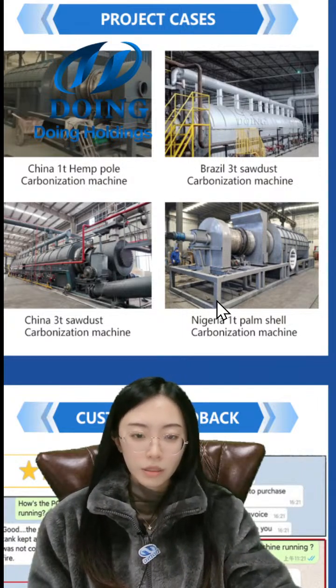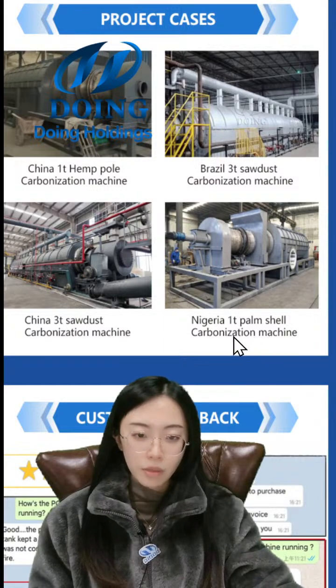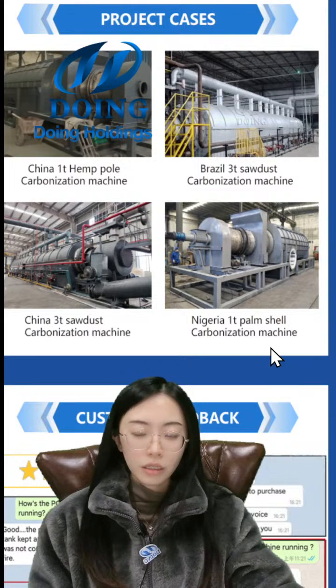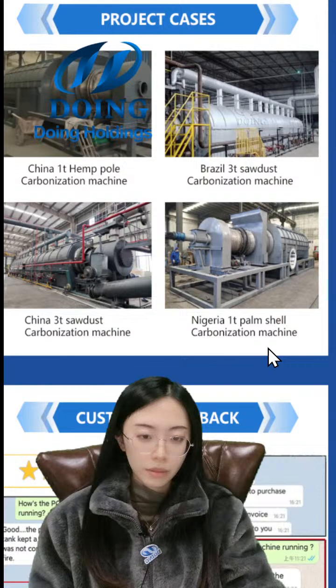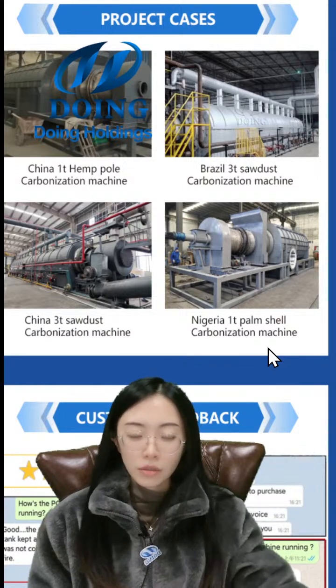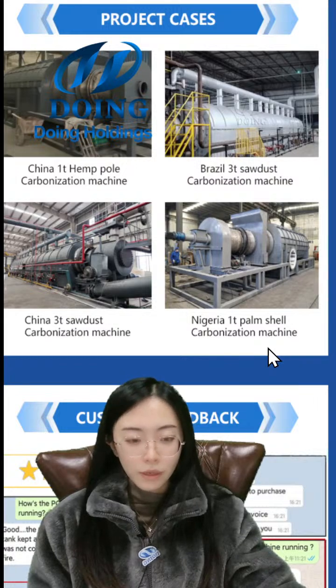We have many customers from Africa, so we set up a subsidiary company in Nigeria. If you need to visit, you can also contact our Nigeria customer and sales manager. It's much more convenient. And also in other countries, because we have customers in 120 countries.